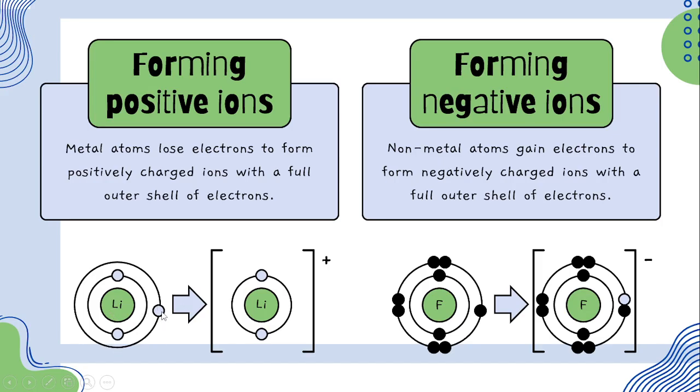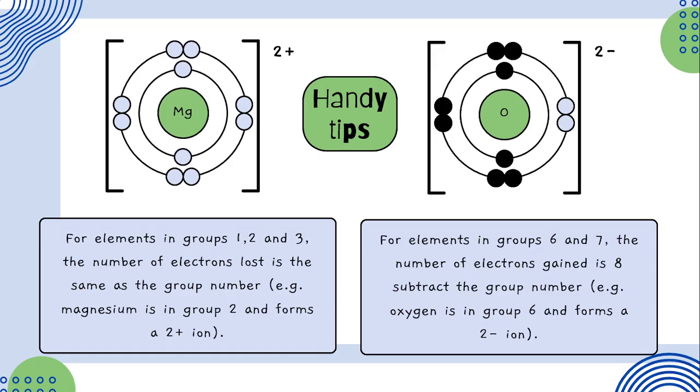The lithium will lose this valence electron and have a full outer electron shell that obeys the duplet law of stability. And here we have fluorine gaining one electron to also become negatively charged and become more stable with a full outer electron shell.